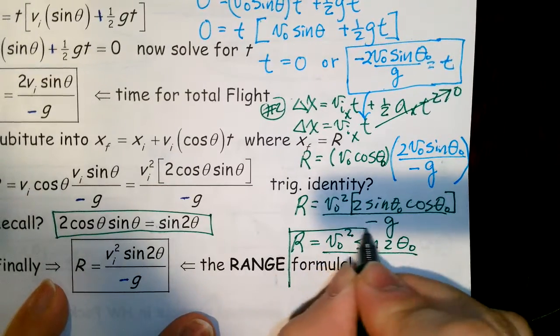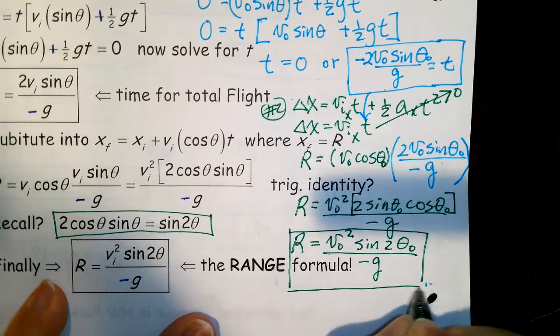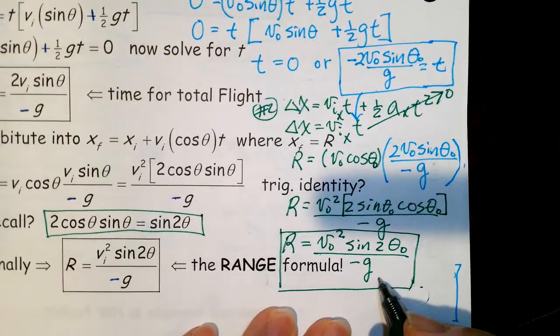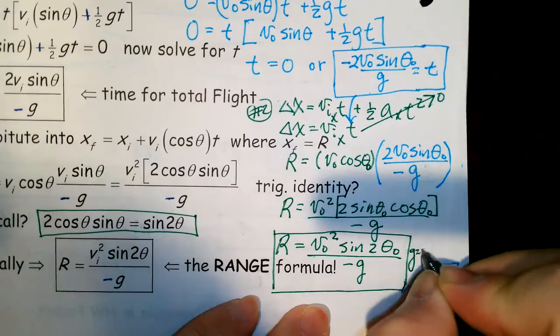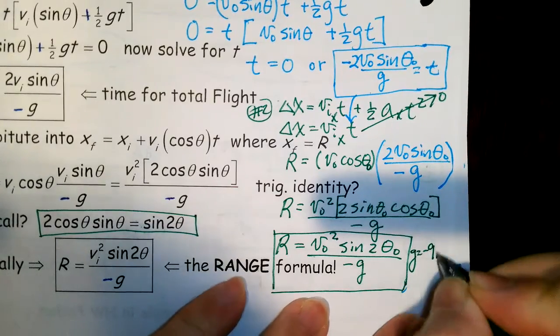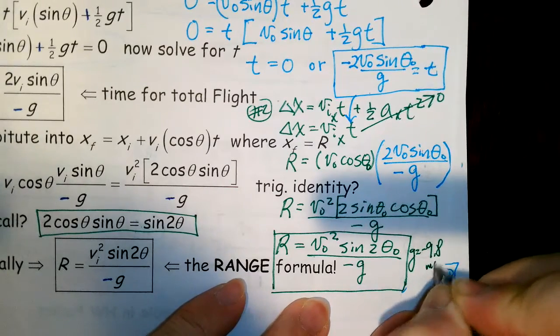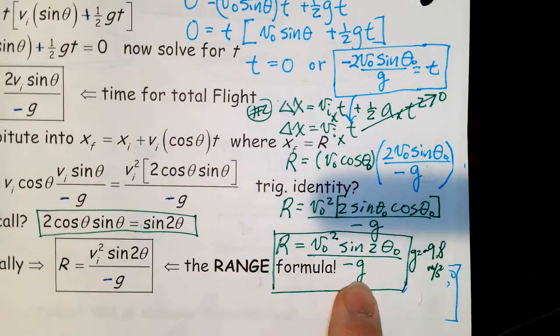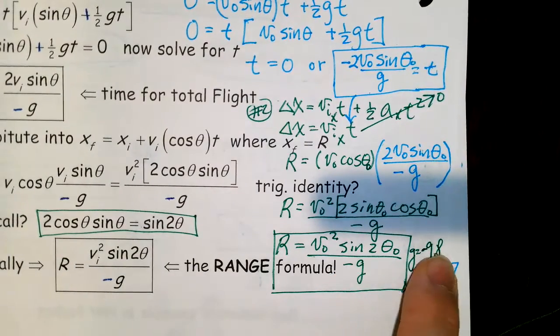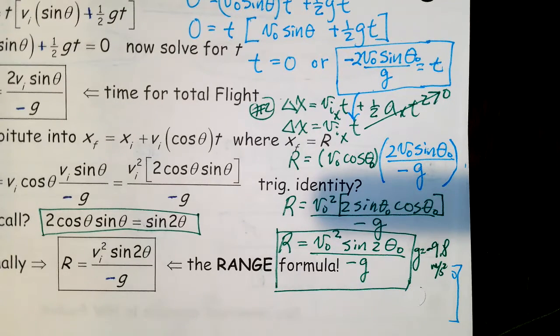This is known as the range formula. Again, g is equal to negative 9.8 meters per second squared. When I plug in that negative 9.8 into my g, this negative times this negative 9.8 will become positive. Okay?